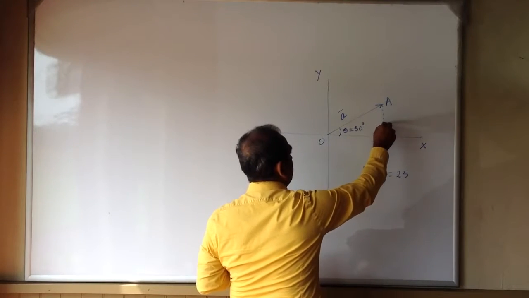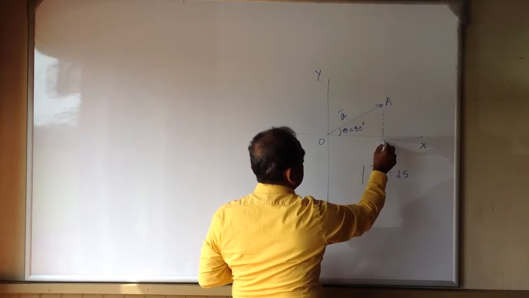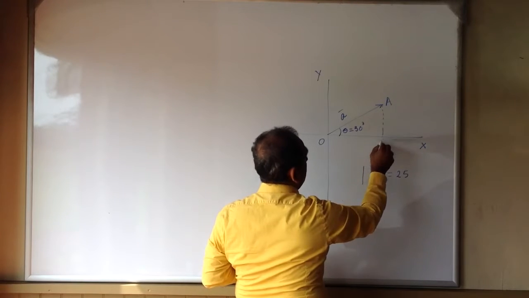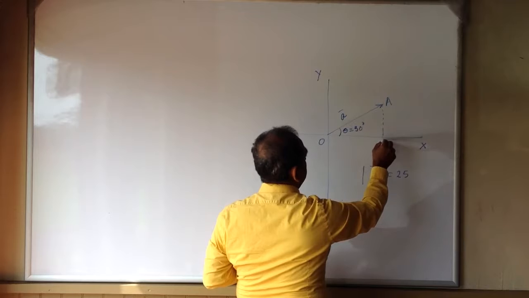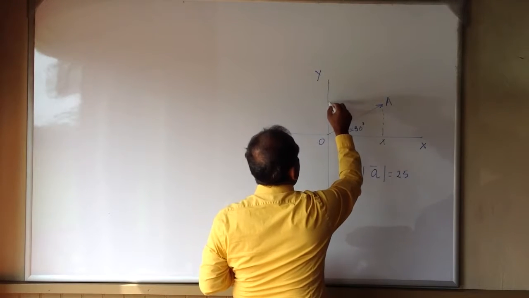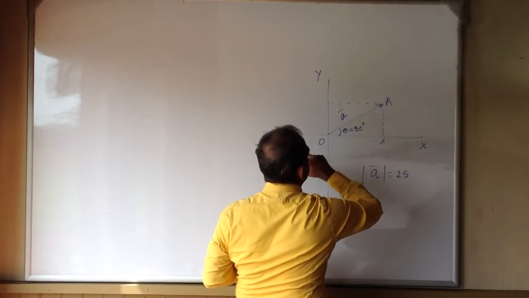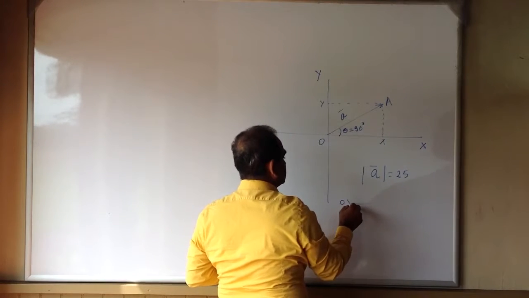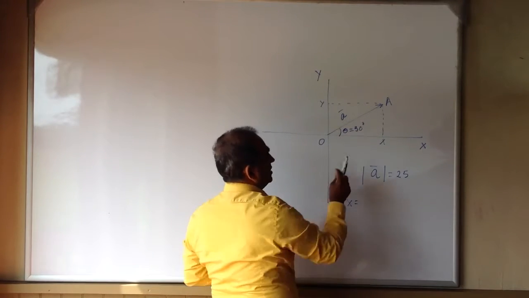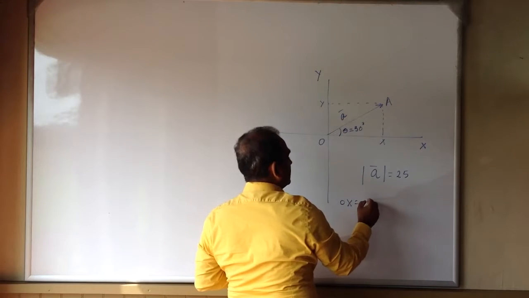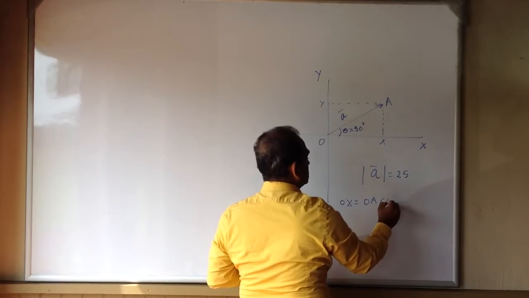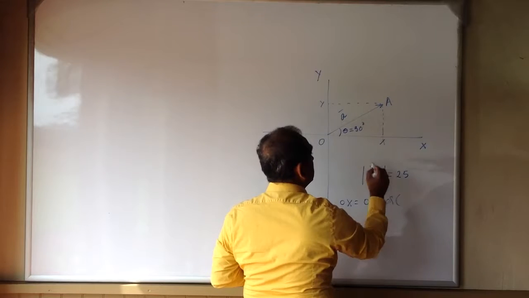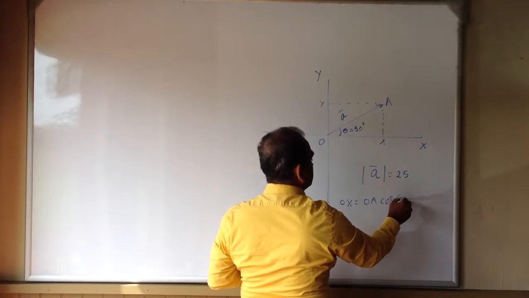When you drop a perpendicular here, let's call this OX. And this we call the y component, OY.